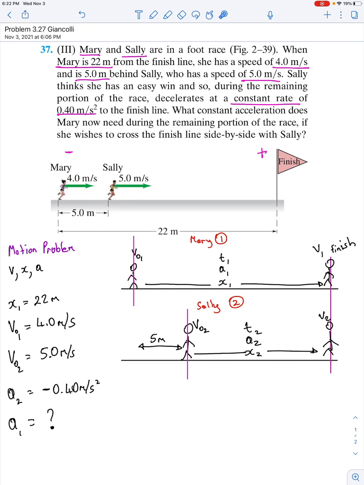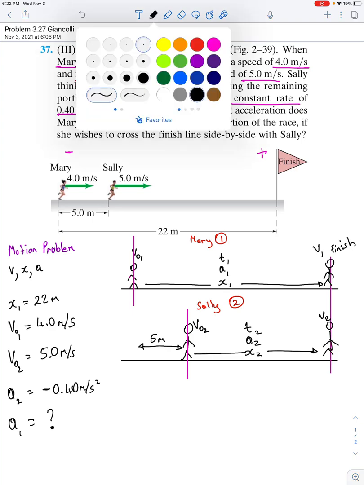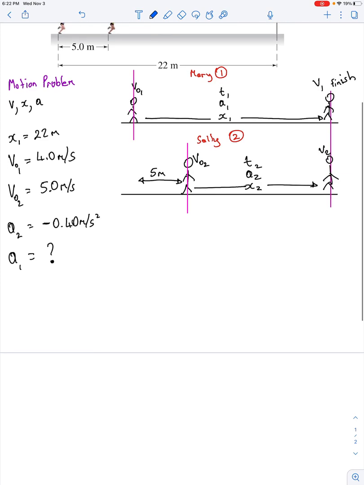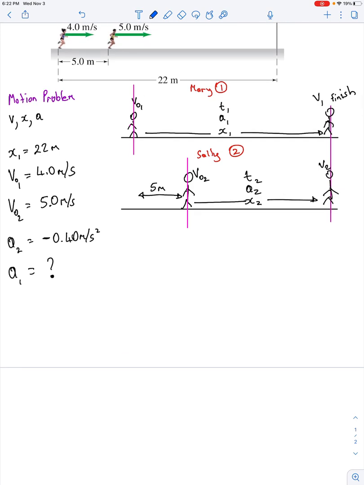Good. Why do we need to know what these things represent? Because if we know what these things represent, then we could make the most important thing in solving these problems. We could make relationships. So, how do we make relationships? Usually you look at the velocities, the displacements, and the times.